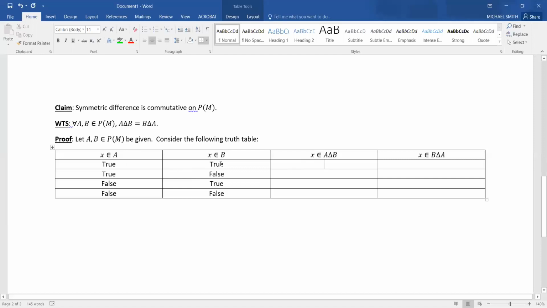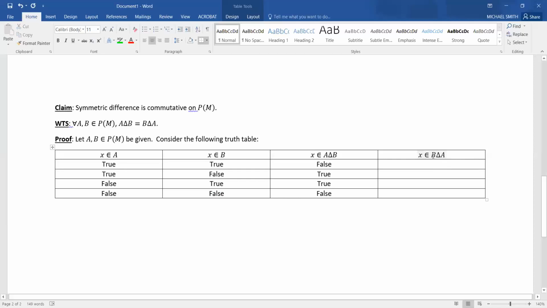We return false when either both are true or both are false. So here we have true symmetric difference true is false. We have true symmetric difference false is true. We have false symmetric difference true is true. And we have false symmetric difference false.